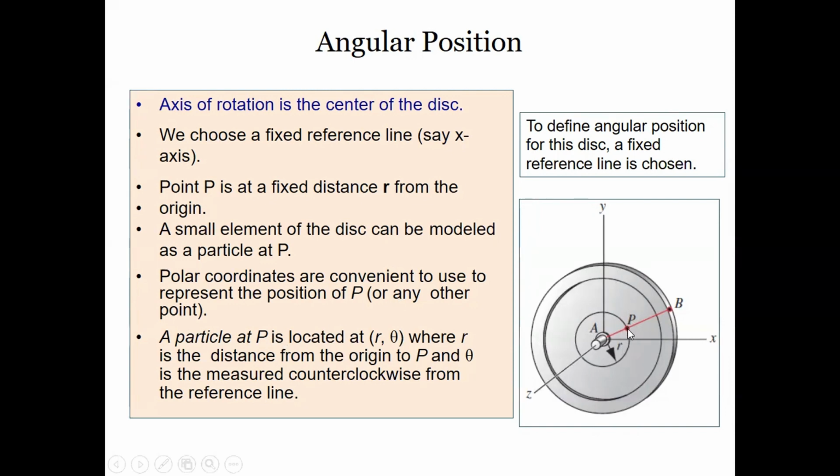A particle now is located at r distance from the origin, and it is making an angle theta with the x-axis, and the angle theta is measured in this counterclockwise manner. The counterclockwise is the rotation against the motion of the hands of the clock. So from reference line X, we move up towards Y, and this is the counterclockwise.